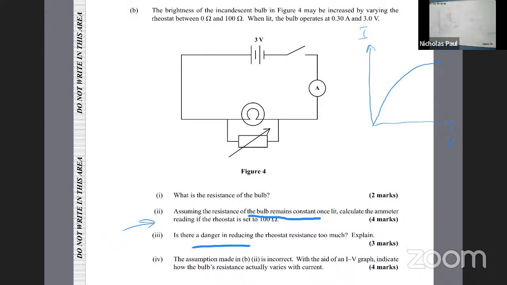That's what's happening in part 4. So the bulb resistance varies with current. Write this down: the larger the current, the greater the resistance of the bulb.